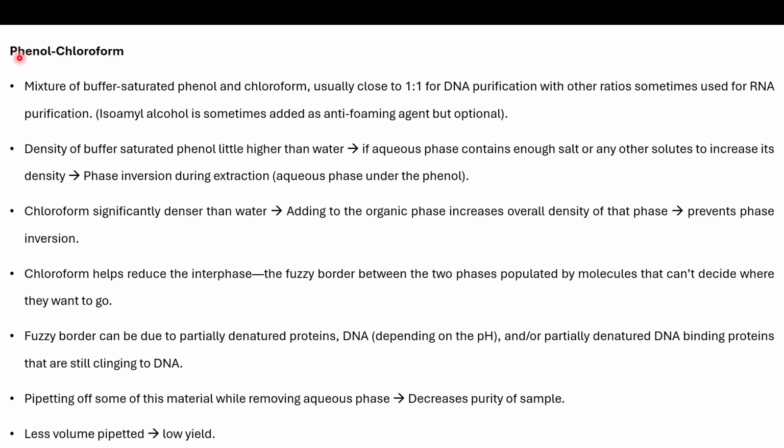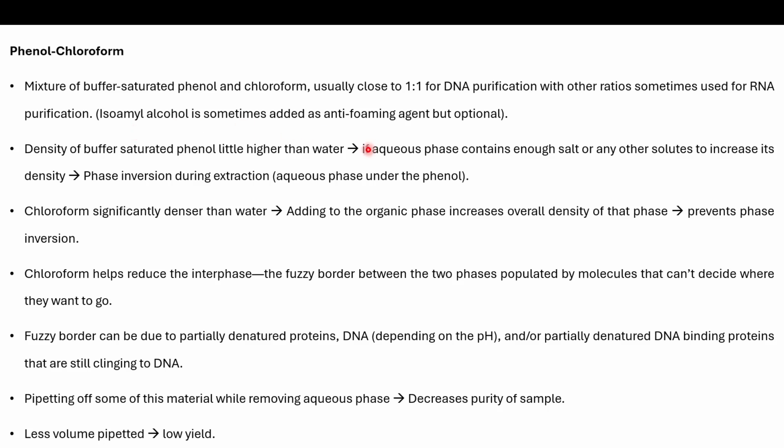What happens in phenol-chloroform extraction is that buffer-saturated phenol and chloroform are used, usually in a 50-50 ratio for DNA purification, and the ratios can change depending on what type of molecule you want to purify. Sometimes another chemical, an isomer alcohol, is also used, which is optional.